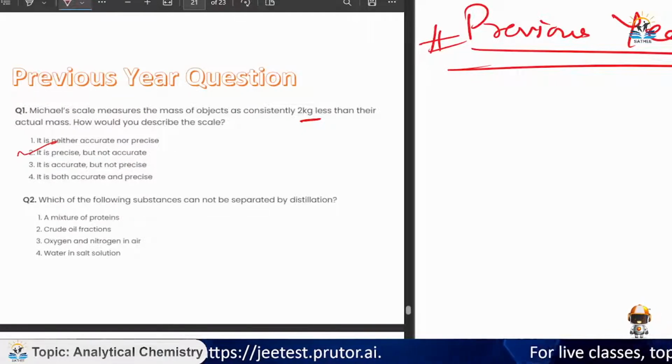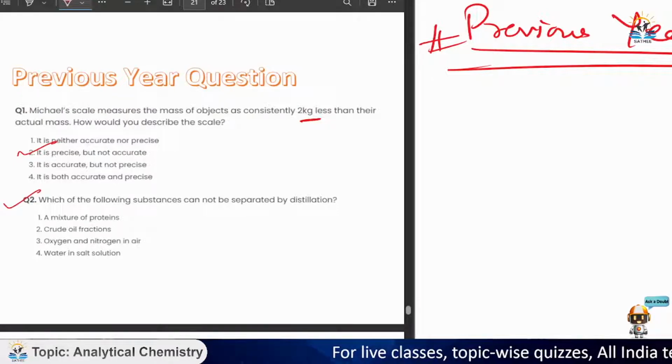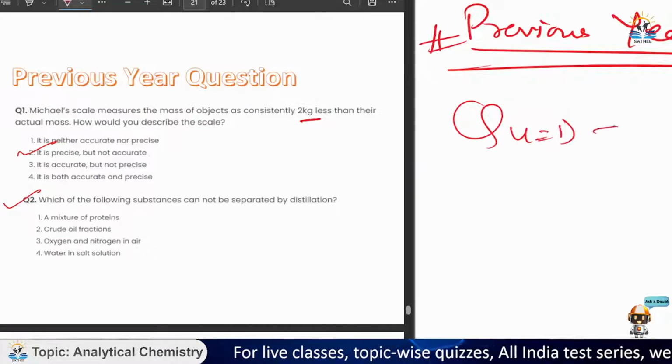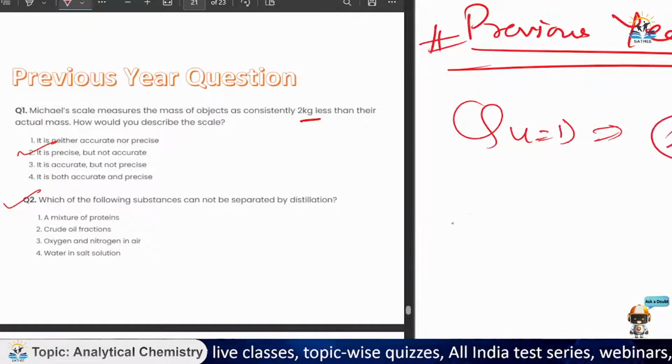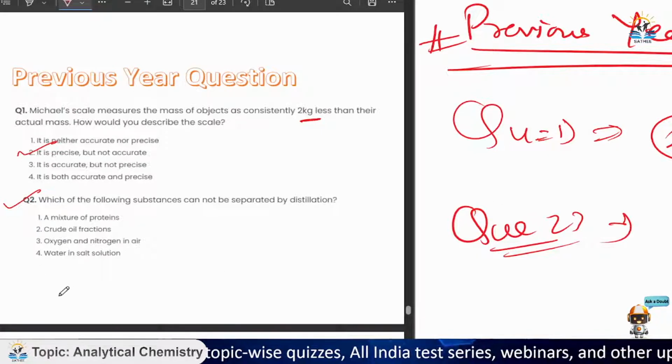Question number 2. See, it is a logical question for most of the students. Now we will jump on to question number 2. I am writing the answer here. Question number 1, it is second. Now we will check question number 2. What does question number 2 say?